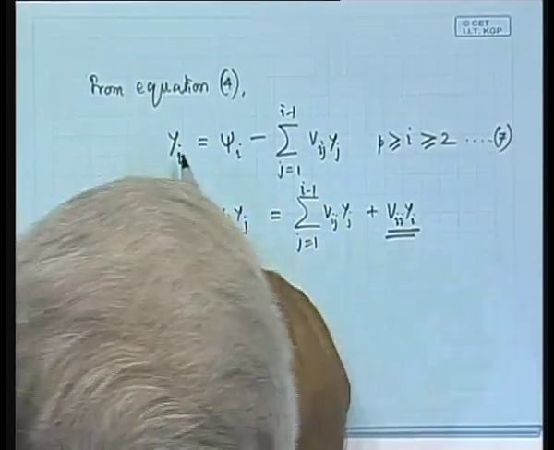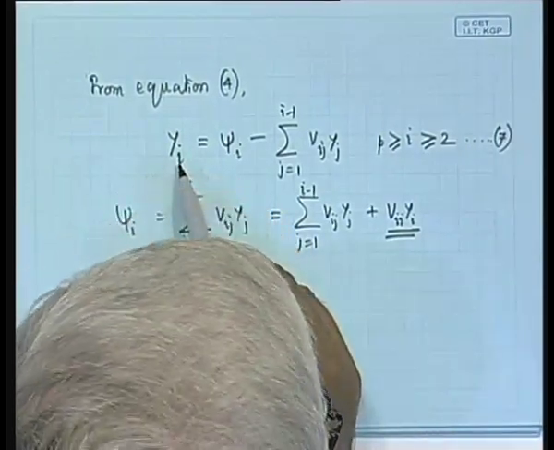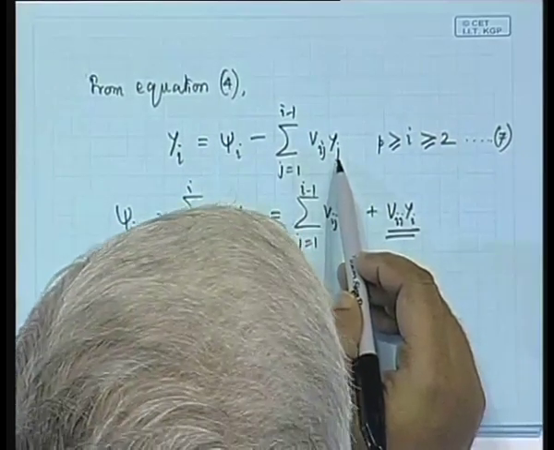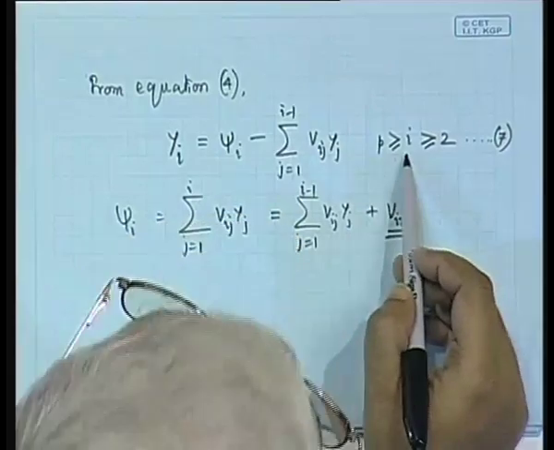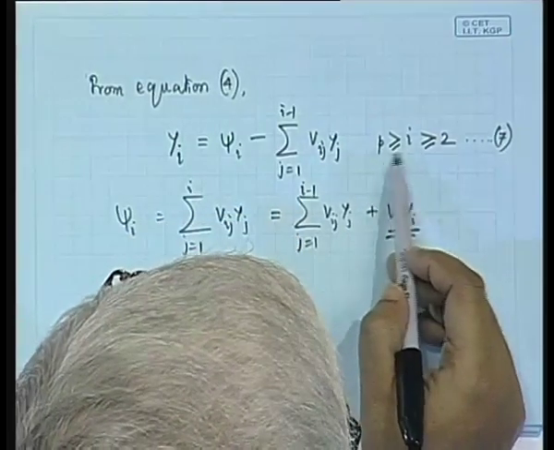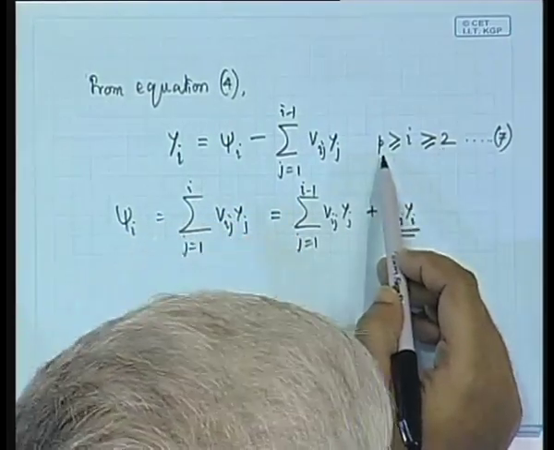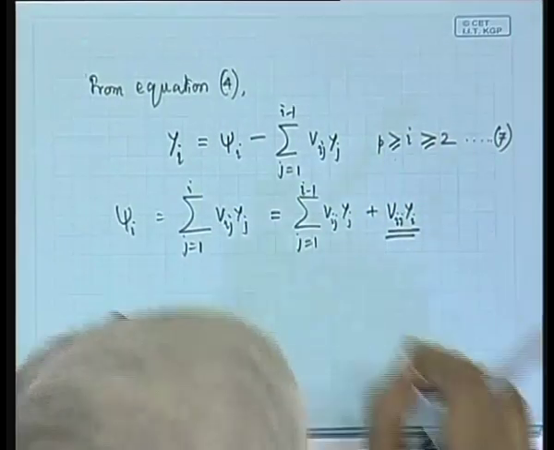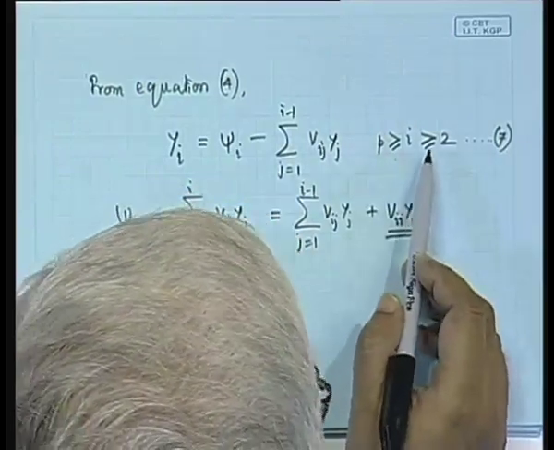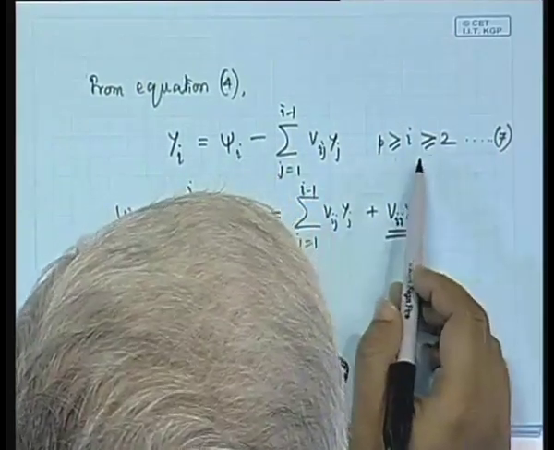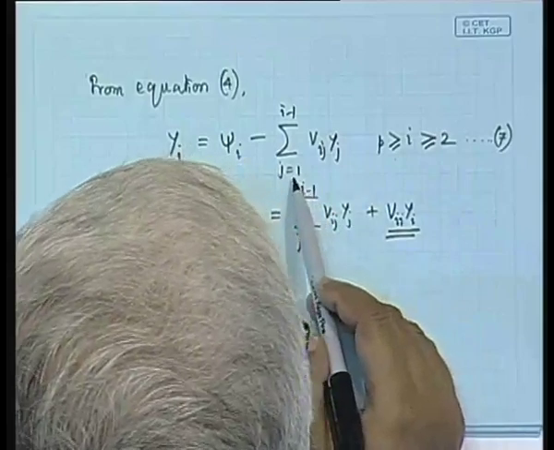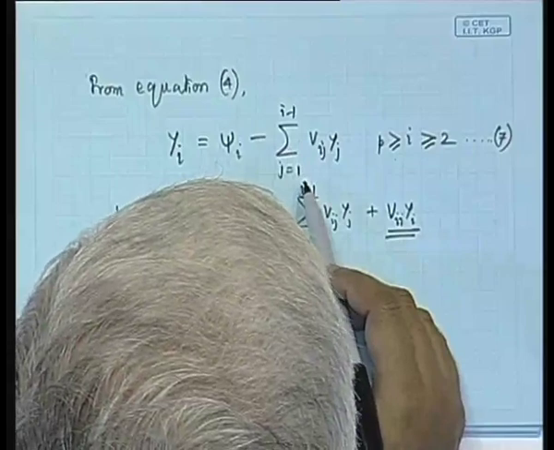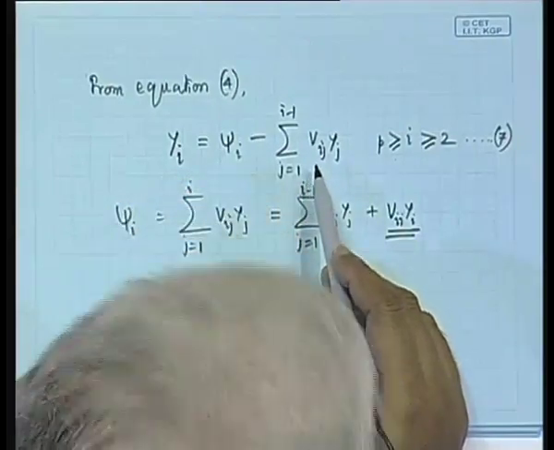How? Because now Yi we are writing in terms of Yj, right, and we can do a recursion with i varying from 2 to p. Let us say that when we put i is equal to 2, just j is equal to 1, only one term will be there in this summation, so it will be V11.